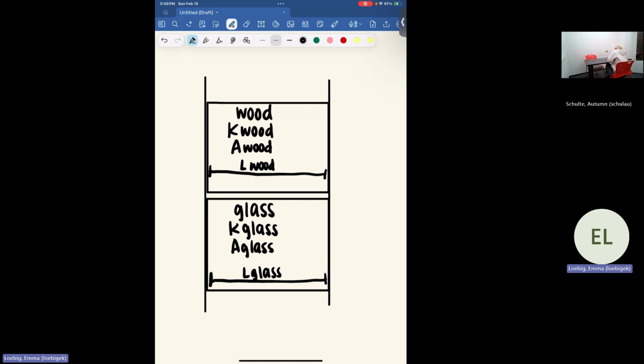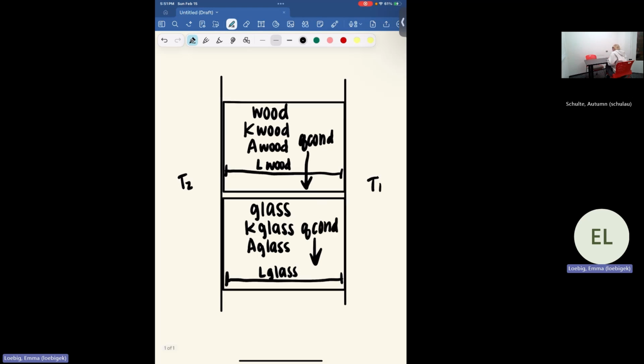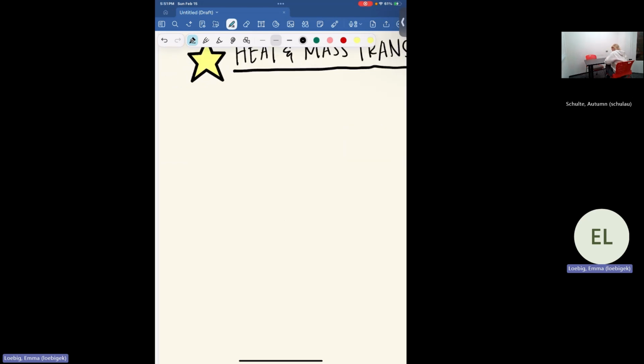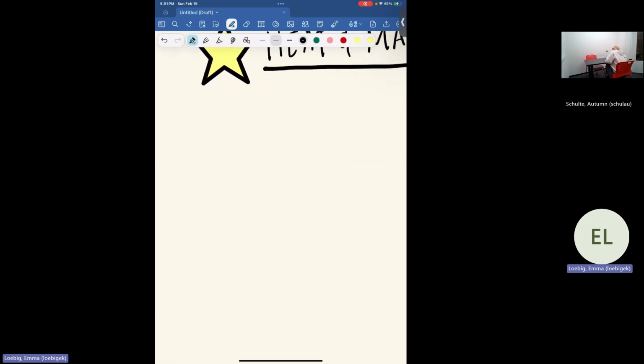And we can say that on the left and right side we have two different temperatures, so we'll put T1 and T2. And we can see that we're going to have heat flowing via conduction through the wood, as well as heat flowing via conduction through the glass. So as we said before, this is analogous to electricity with Ohm's law.